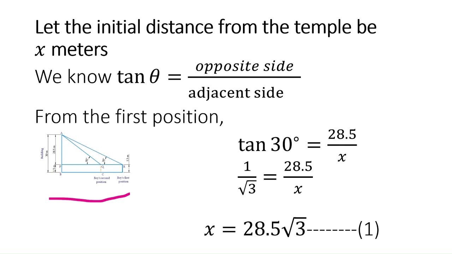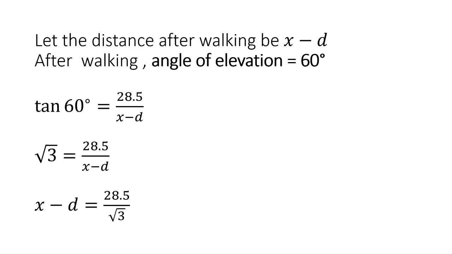So for that we are now considering 60 degrees, the second angle of elevation. Let the distance after walking be x minus d, where d is the distance that he had walked. So to attain the second position, he is at a distance of x minus d. After walking, the angle of elevation is 60 degrees.